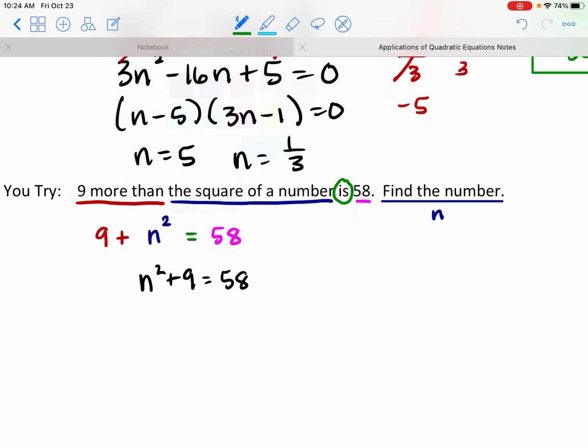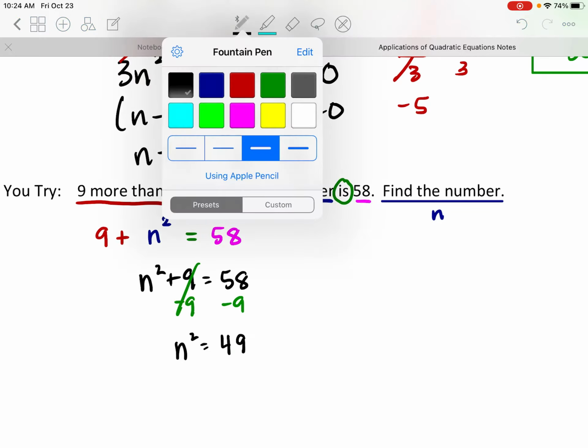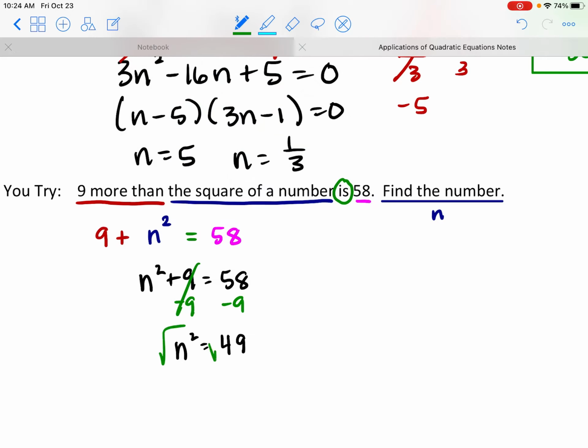So I'm going to subtract 9 from both sides, and that's going to leave me n squared equal to 49. And then to get rid of the square, I can take the square root. So n is going to equal, don't forget, your plus or minus in front of the square root of 49, which is 7.